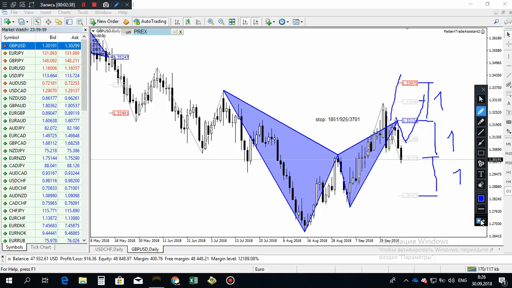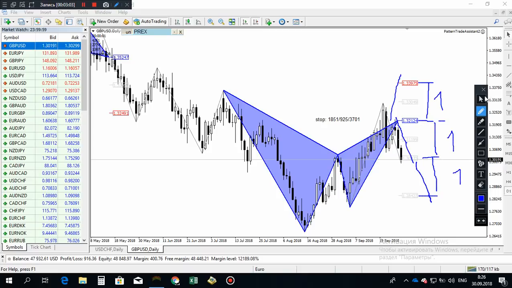If it continues, then you close half of your position and you move your stop loss here. Again, there are two kinds of price behaviors. It can reverse and hit your stop loss, or it can continue and hit your take profit. At this level, when it hits your stop loss, you have 0. It is a break-even situation.